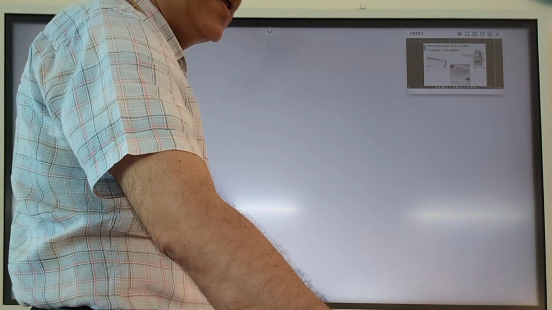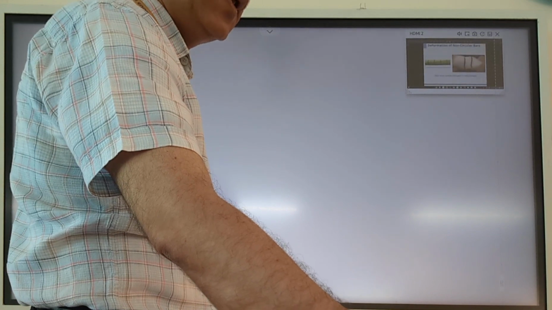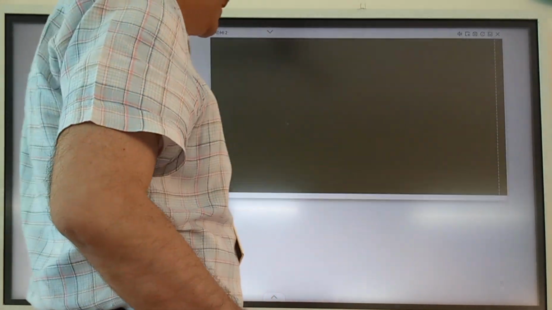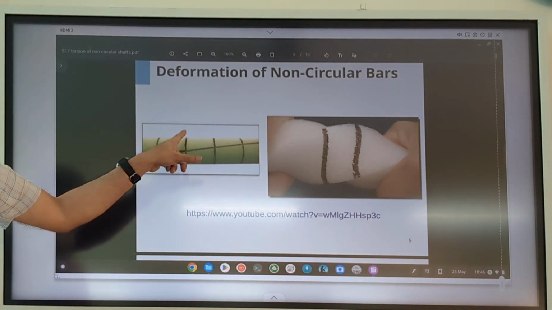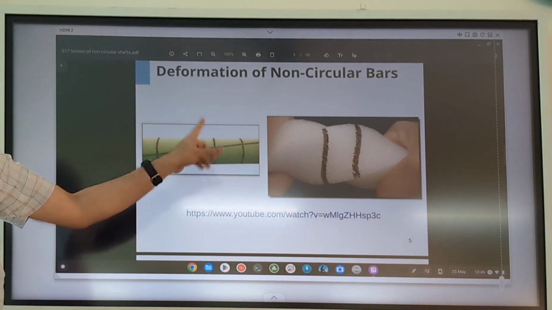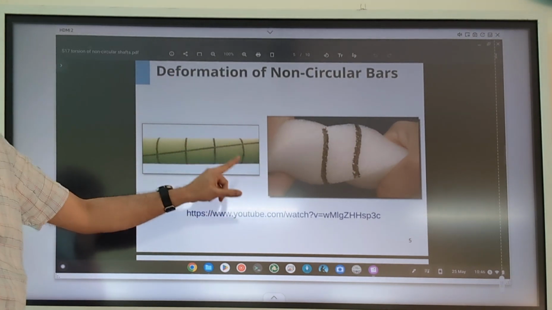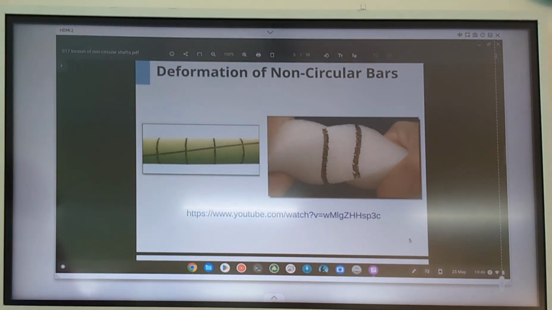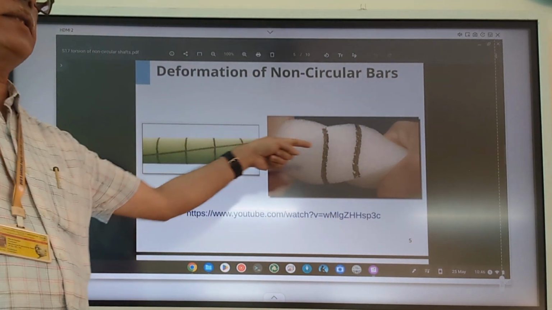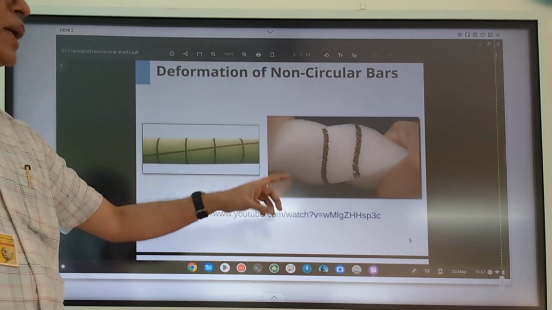So let's consider twisting of a cross section. Let me emphasize once again that the main difference is that in the circular cross section, the lines or the cross sections, even after twisting, remain flat, whereas in case of non-circular, they will take a warping, or there will be a movement along the axis of the shaft or body which is being twisted.